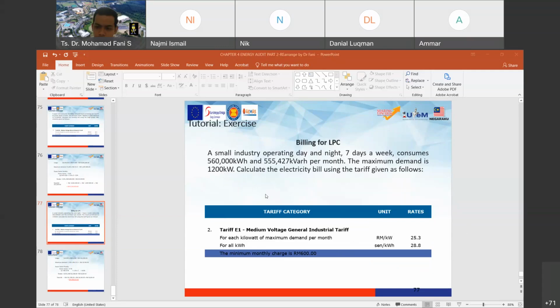Those two components will give you the electricity bill.